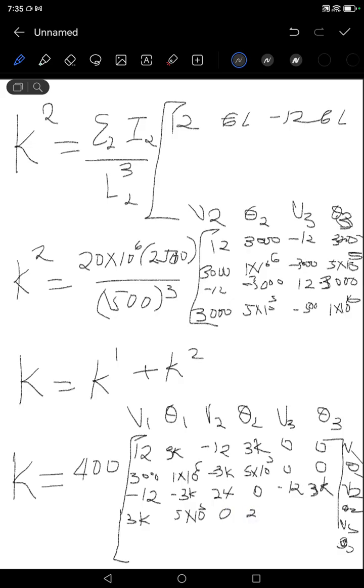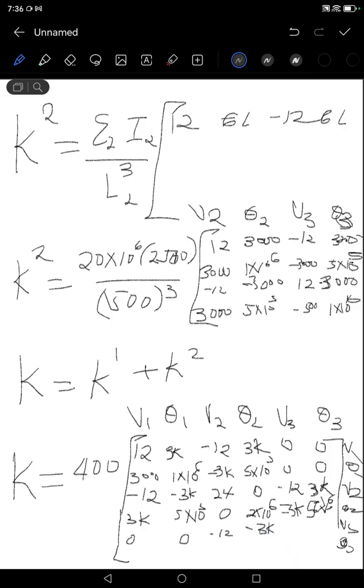Then we're going to have theta 2 and theta 2 on both K1 and K2, so it's going to be 2 times 10 to the power of 6. And then here we're going to have a negative 3K, and then here we're going to have a 6 times 10 to the power of 5 on theta 2 and theta 3. It's 5, not 6. 5 times 10 to the power of 6 here. And then on V3, we're going to have 0, 0, and then negative 12, and negative 3000.